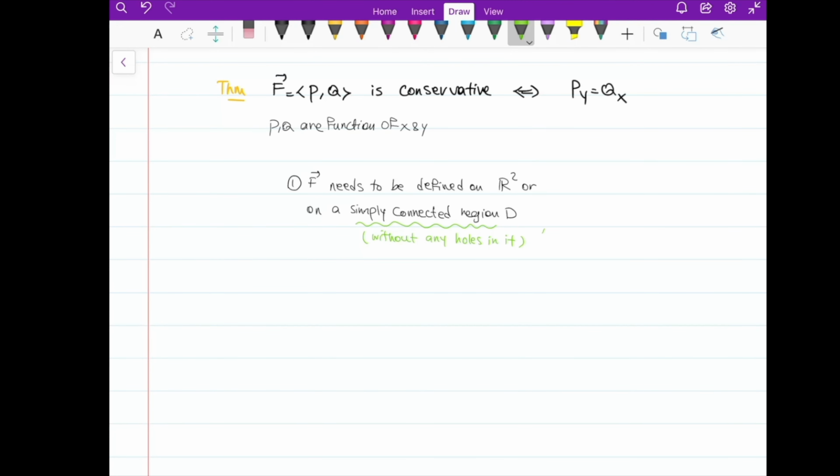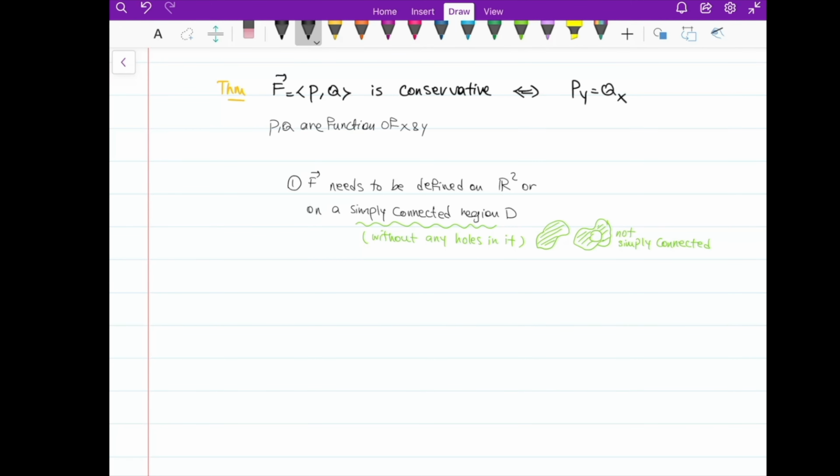Which means that it is a region like this. It's a simply connected region, and this region that I have in here that has a hole in it is not simply connected.